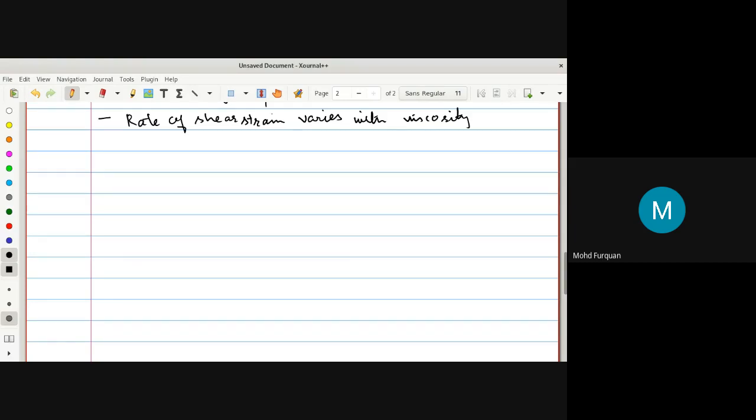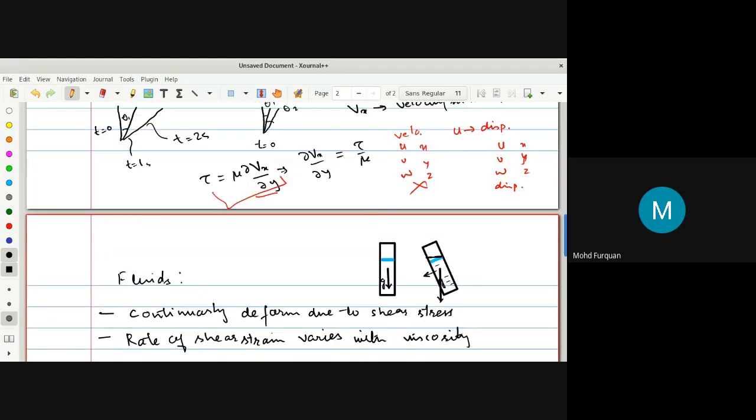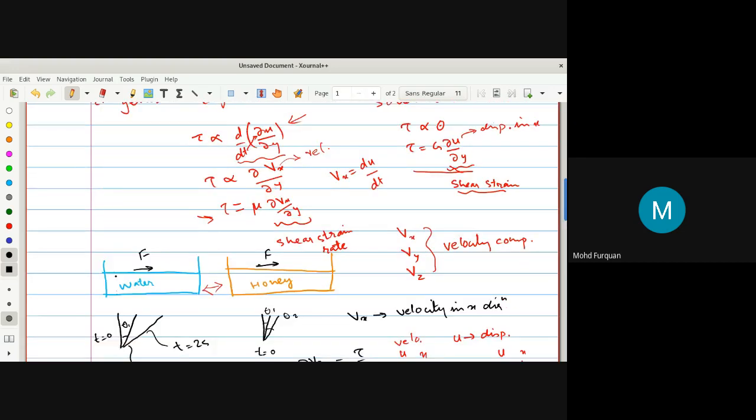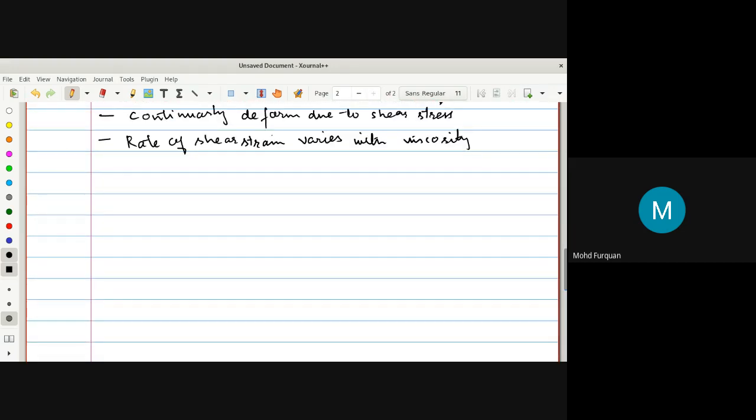This experiment which I described, that you take a fluid and apply a shear stress to it, was, as I mentioned, done by Newton. So if you have this shear stress, as I mentioned, it is proportional to dvx by dy. This experiment was done by Newton.